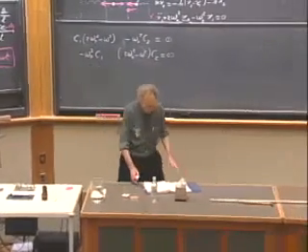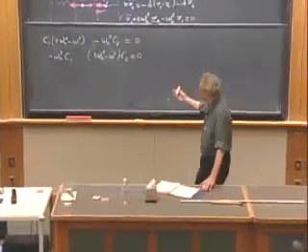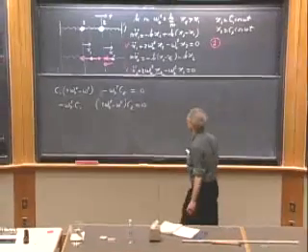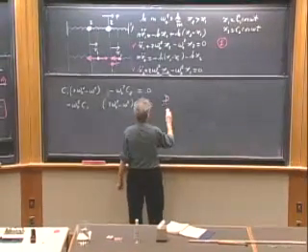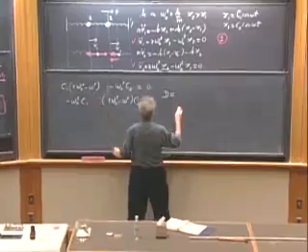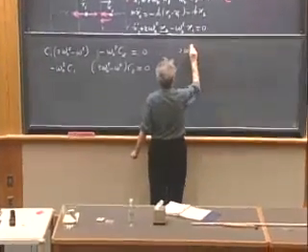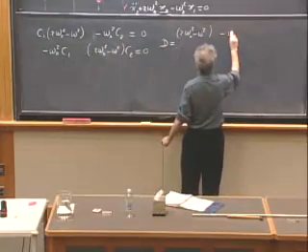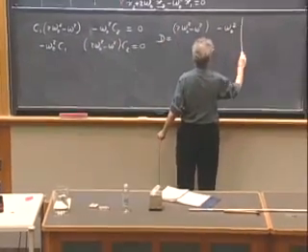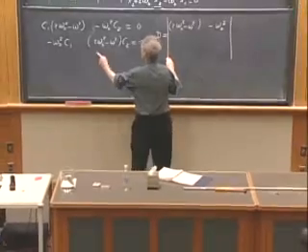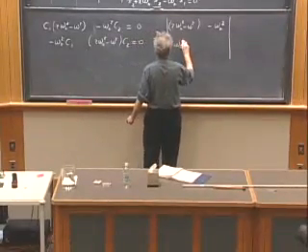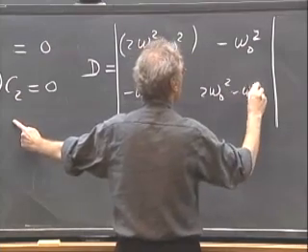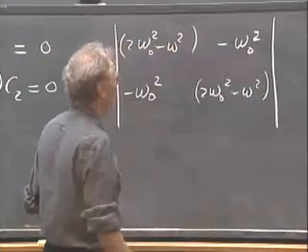So now you may do that any way you want to. This is not so difficult to solve. I will, however, use Cramer's rule, and I will introduce a D, which is the determinant of the following: 2 omega 0 squared minus omega squared, and then here minus omega 0 squared, and then here minus omega 0 squared, and here 2 omega 0 squared minus omega squared.